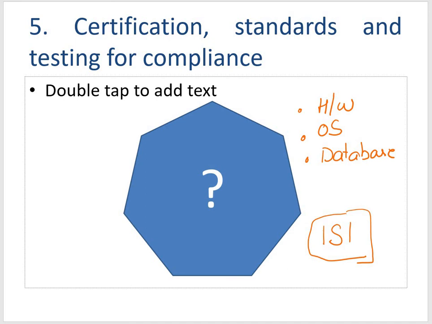Then we have the hallmark, right? Hallmark is basically for gold. So we go ahead with product certifications. We get the ISI mark or the hallmark, and for food, I think it is FSSAI. So for different products we have several testing agencies, and based on that, we go ahead with the certification part as well.